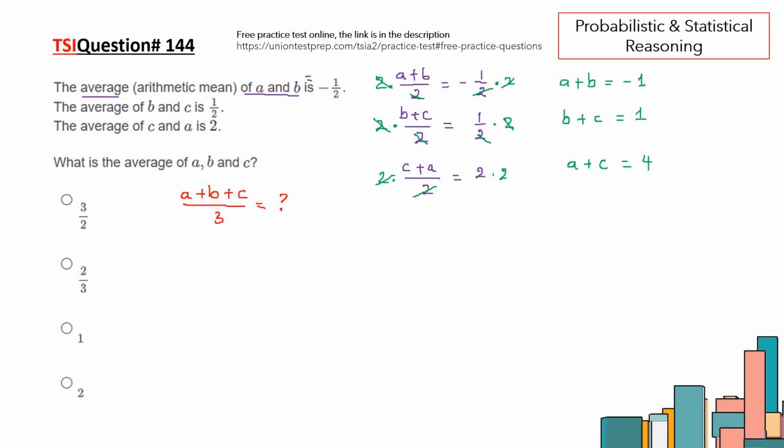You realize that we have A here and A here, so you have 2A. You have B here and B here, so you have 2B. You have C here and C here, so you have 2C.